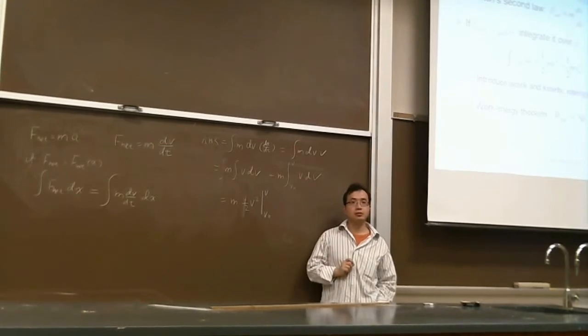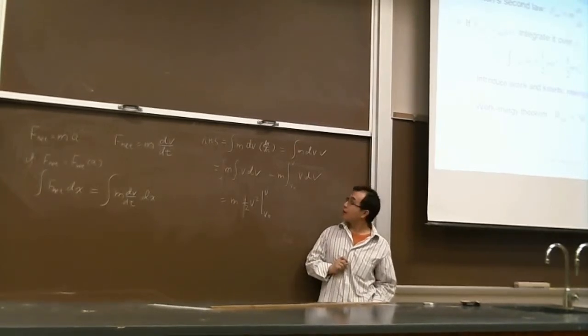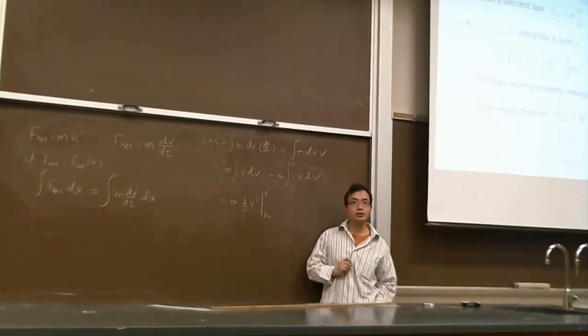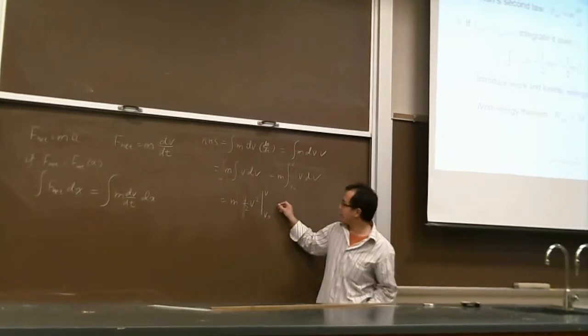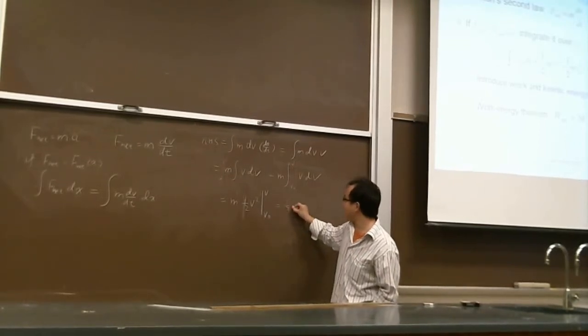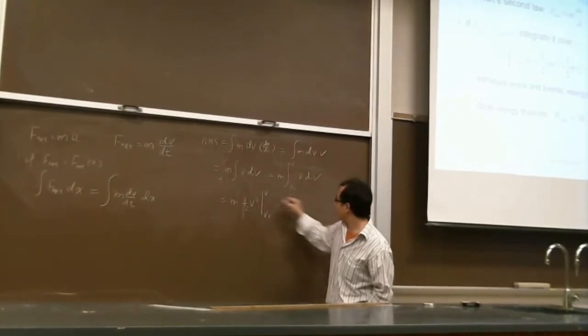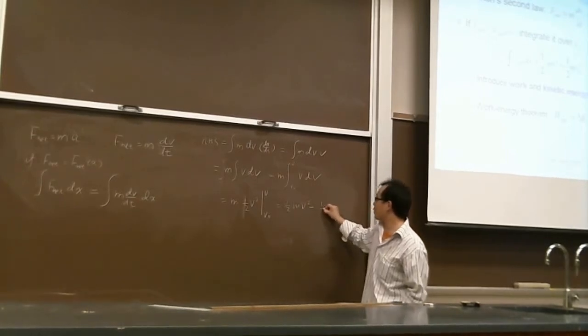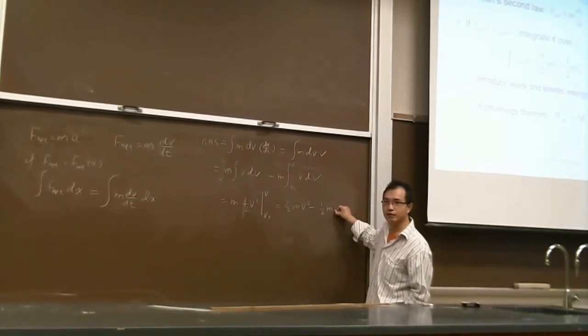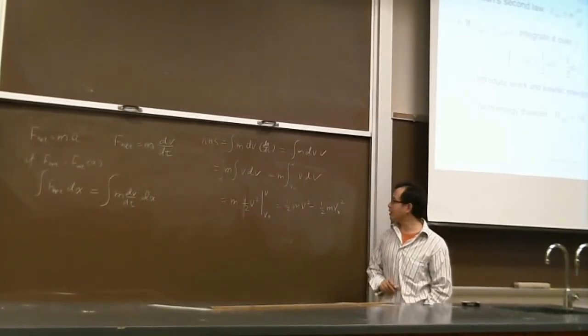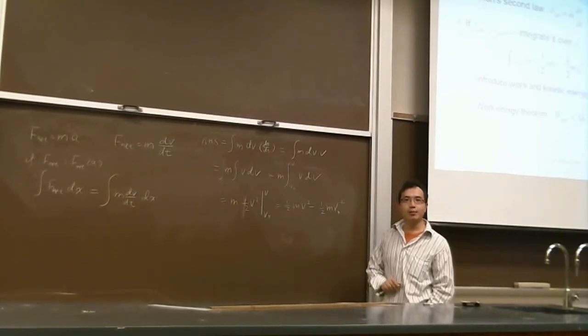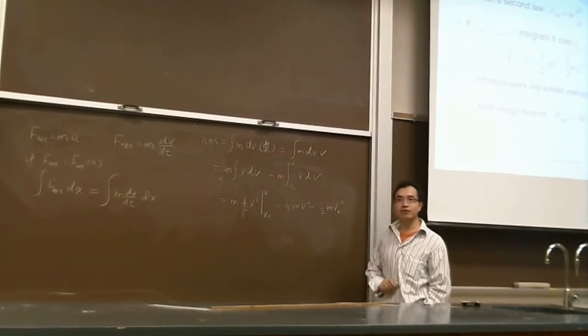That is the right-hand side. So this is 1/2 m v squared minus 1/2 m v naught squared.